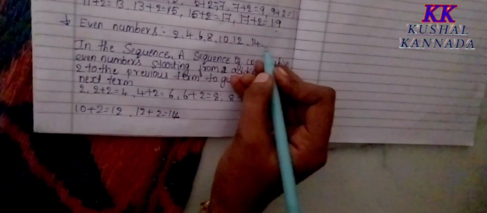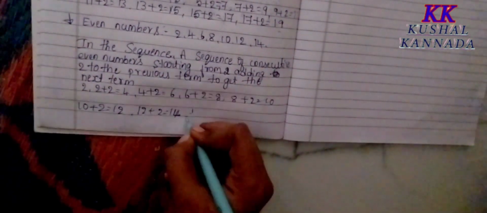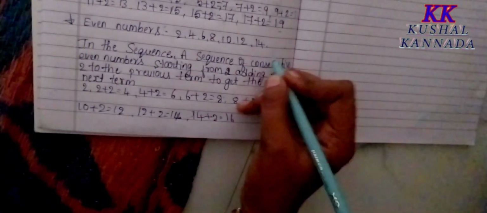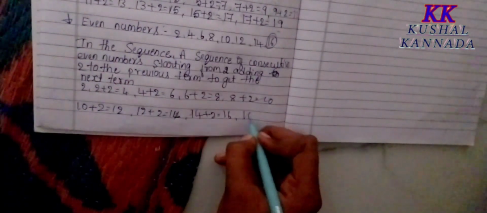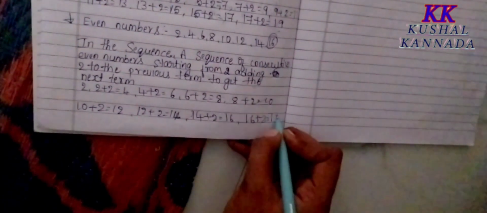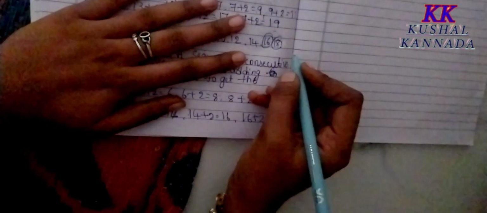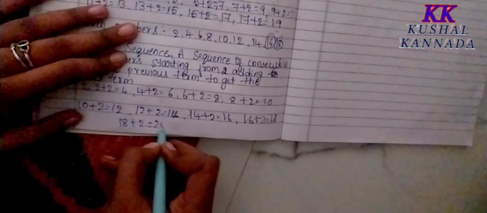So next, I will write three numbers. 14 plus 2 is equal to 16, right? 16 plus 2 is equal to 18. 18 plus 2 is equal to 20, right?